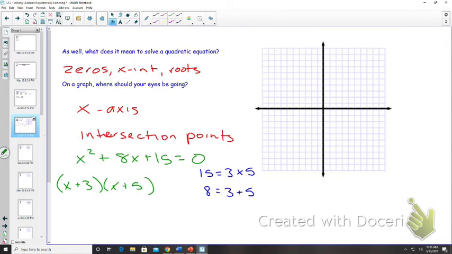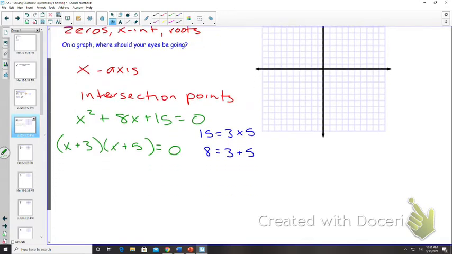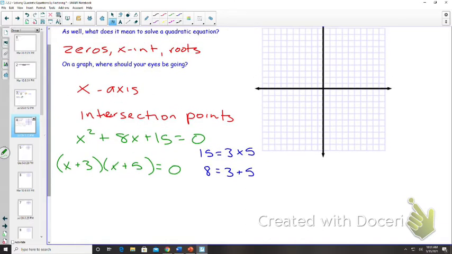If I were to expand this, it would be x squared plus 5x plus 3x plus 15. To find the x-intercepts here, we have to set each bracket equal to 0. So x plus 3 is equal to 0, and I will just solve for x.